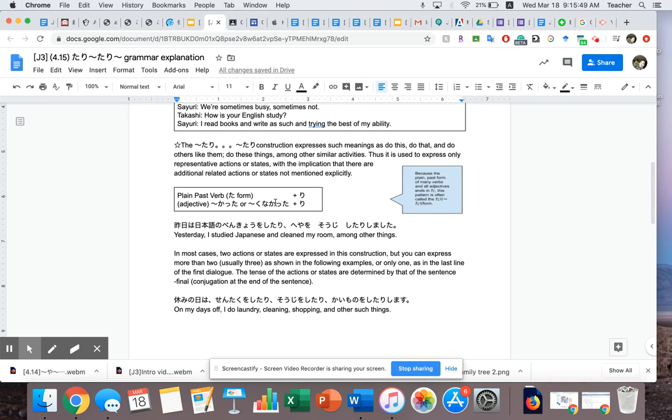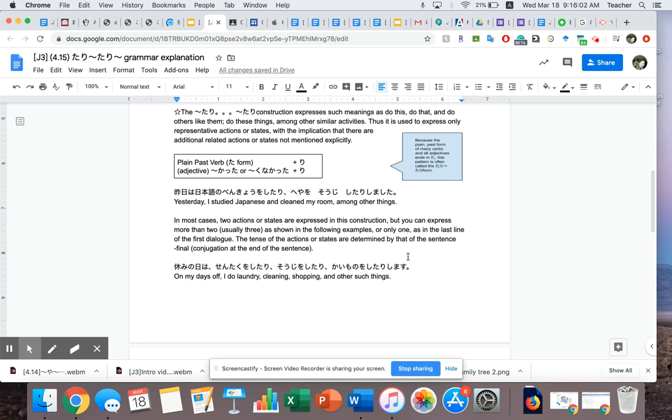Now, if you wanted to say that yesterday I studied Japanese and cleaned my room, among other things, your sentence will be 昨日は日本語の勉強したり、部屋を掃除したりしました。So in most cases, two actions or states are expressed in this construction, but you can express more than two, usually three, as shown in the following example, or only one, as in the last line of the first dialogue.